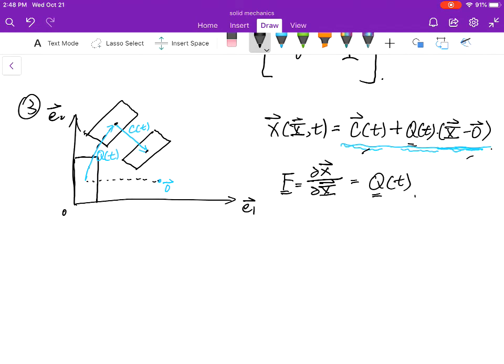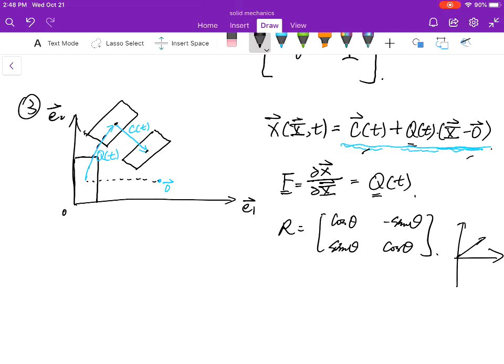And recall that one example of the rotation tensor in the 2D case would be cosine theta, minus sine theta, sine theta, cosine theta. This is very commonly used. For example, we have a coordinate, and then we have a material. We have, for example, a vector here.